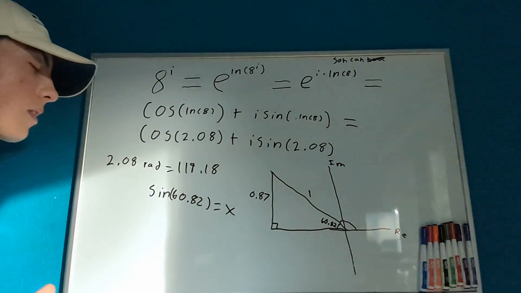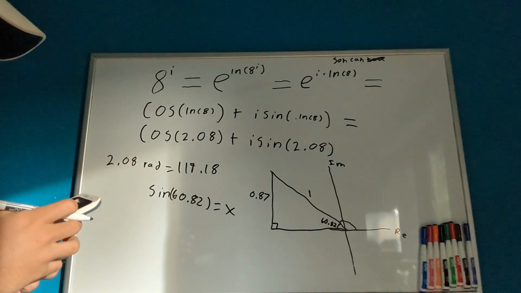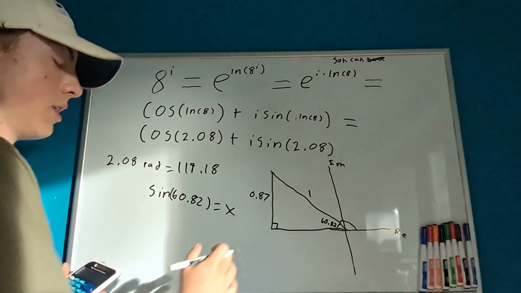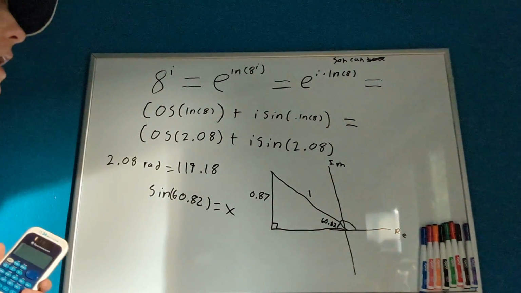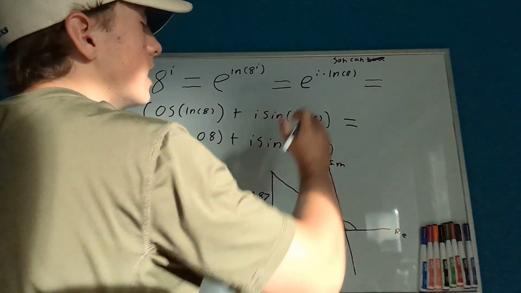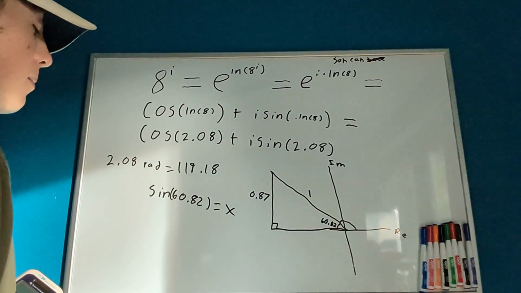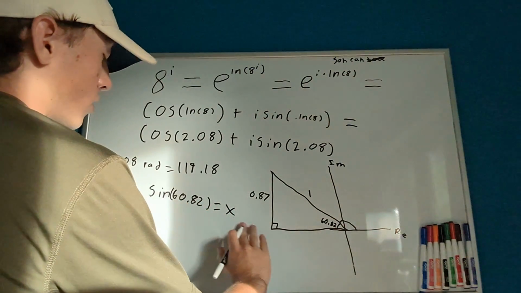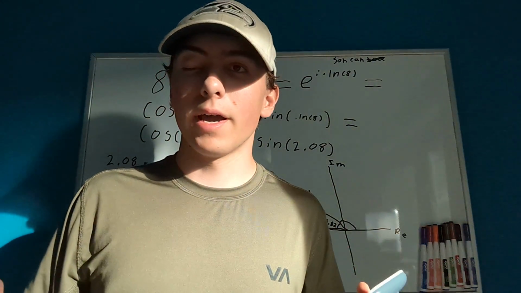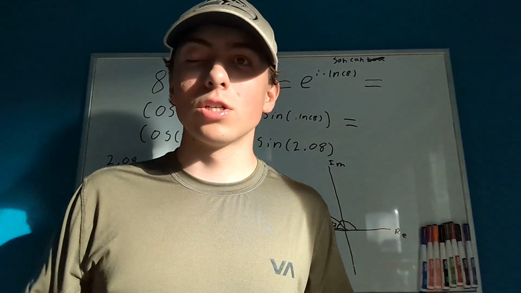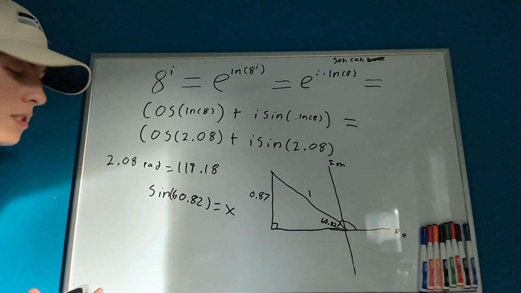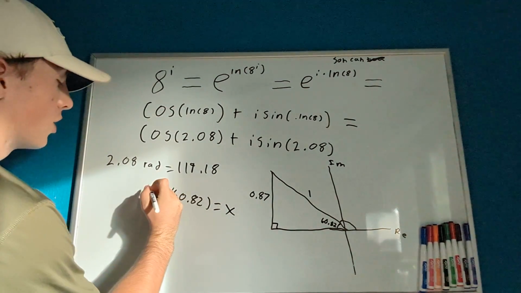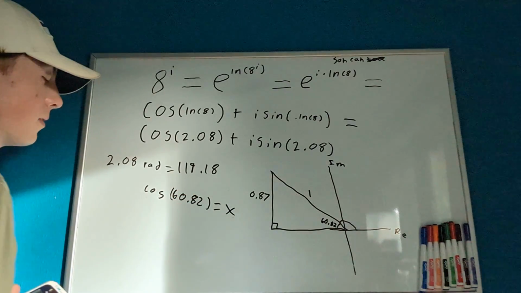So this is 0.87, all right? Then we want to find what this is down here, and we're going to use the cosine function for that. So remember, cosine is adjacent over hypotenuse. Now, we already know that the hypotenuse is 1, so that will cancel out, right? And we already know the angle. So what we can do is just erase this sine bit right here and change this to cosine.